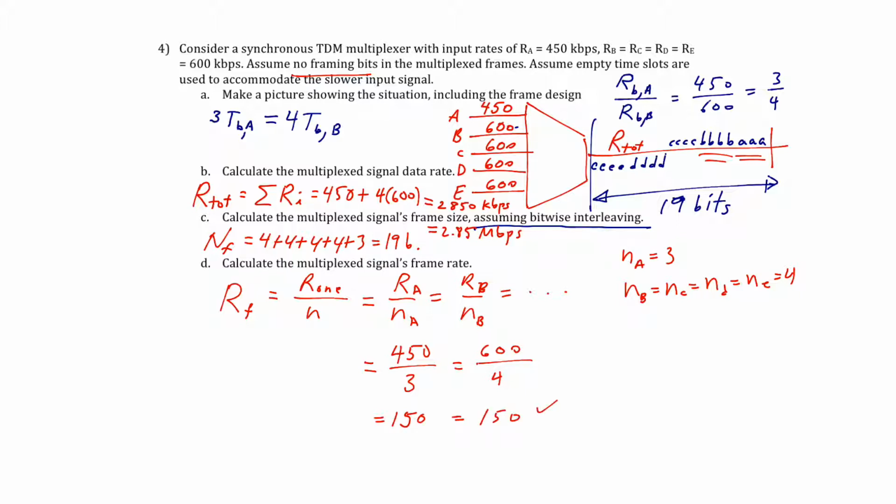So that checks out, and that is in fact the number of kiloframes per second, 150 kiloframes per second in our output. Okay, hope this helps and is understandable. These are kind of fun problems to do, and hope that helps.